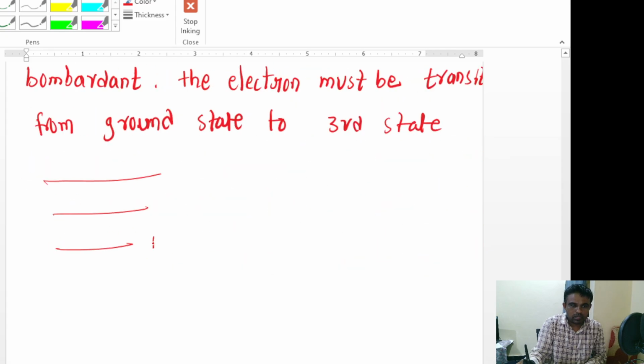This one, state n is equal to 1, n is equal to 2, n is equal to 3.